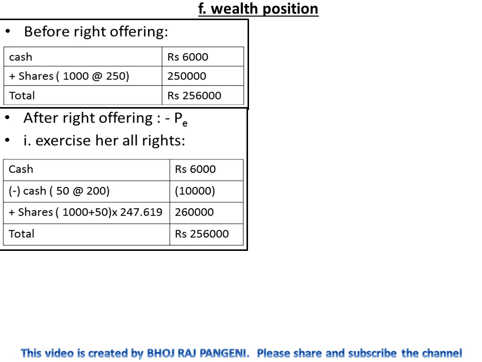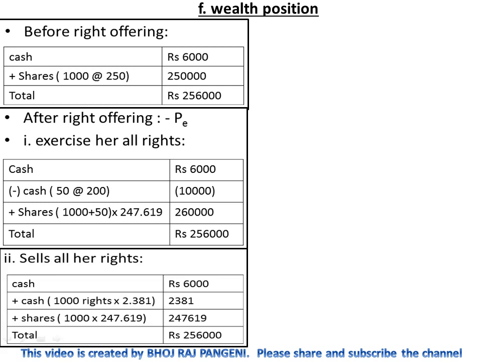The number of shares rises: she had 1,000 shares before, and after exercising all her rights she gets 50 new shares. Now she has 1,050 shares times the after-rights price of 247.619, which equals 260,000. Now she has a total wealth of 256,000. There is no loss before and after exercising all her rights.